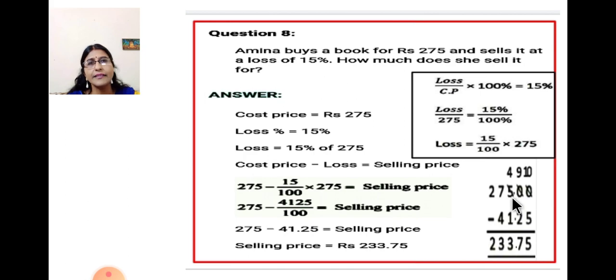And this 5 is there, so it will become 4. You know that 4 minus 1 is 3, then 7 minus 4 is 3, and then 2 as it is we will write. So on subtraction we will get 233.75. So selling price is 233.75.